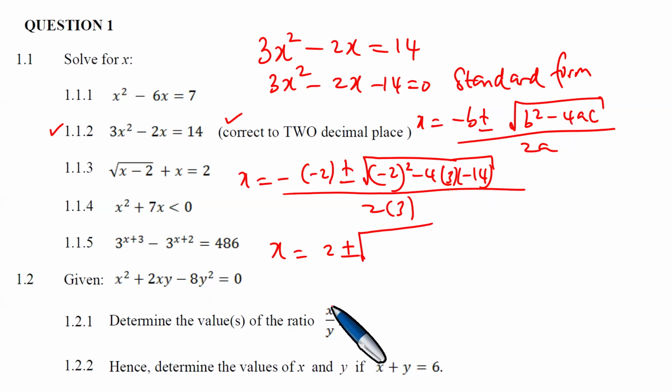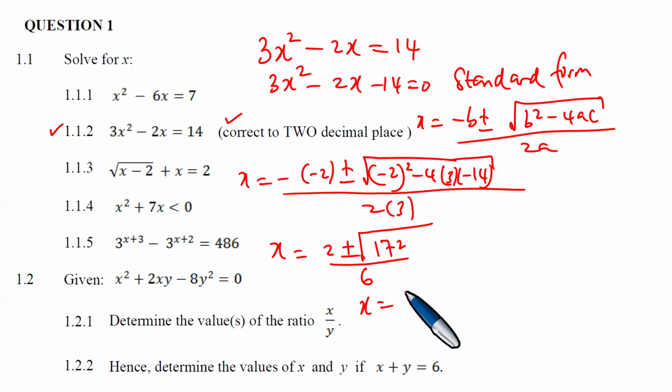So what do we have under the square root sign here? You would have 172. Please check this. That is 4 times 3 times 14 plus 4, which gives 172, all divided by 2 times 3, which is 6.